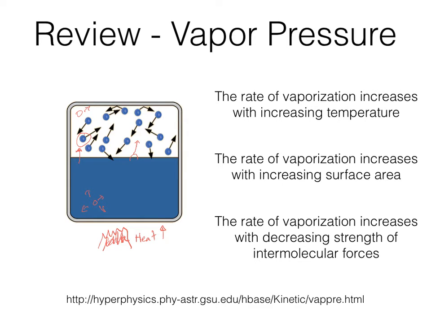We also know that the rate of vaporization increases with increasing surface area. So this is thinking about if we make our container a lot bigger and we have our liquid, and let's imagine that this is the same amount of liquid, now we have a larger number of molecules on the surface, and so there are more chances for these molecules to escape into the gas phase, thus increasing the pressure.